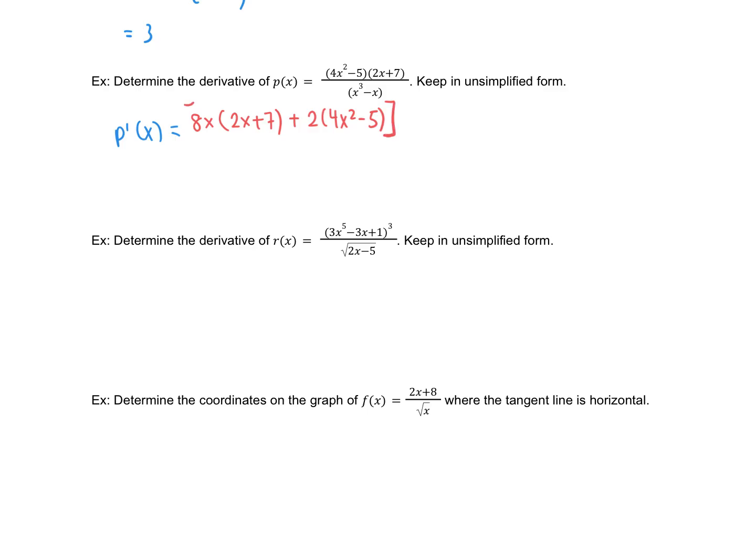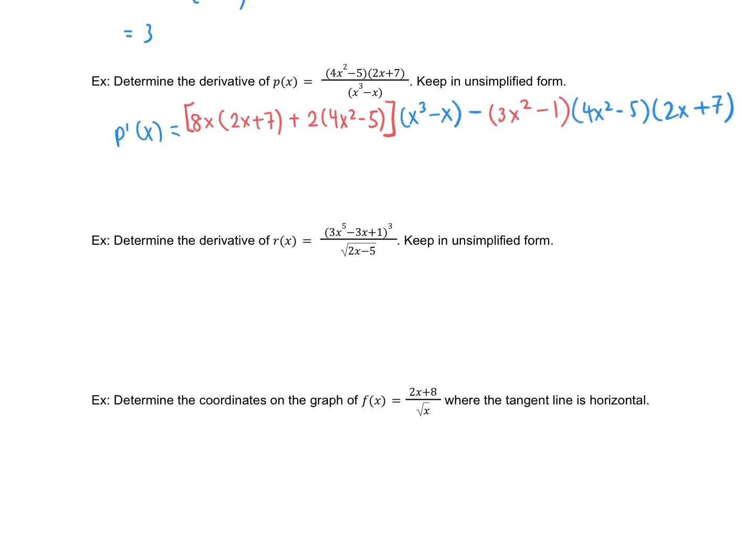This here was the derivative of the numerator. Now I'm going back into my quotient rule. There's the derivative of the numerator, copy paste the denominator, minus, now I'm going to take the derivative of the denominator, 3x squared minus 1, and I will copy paste the numerator, untouched.